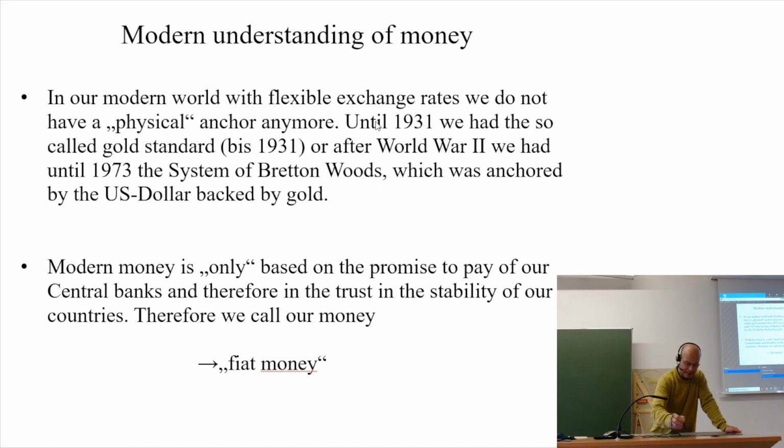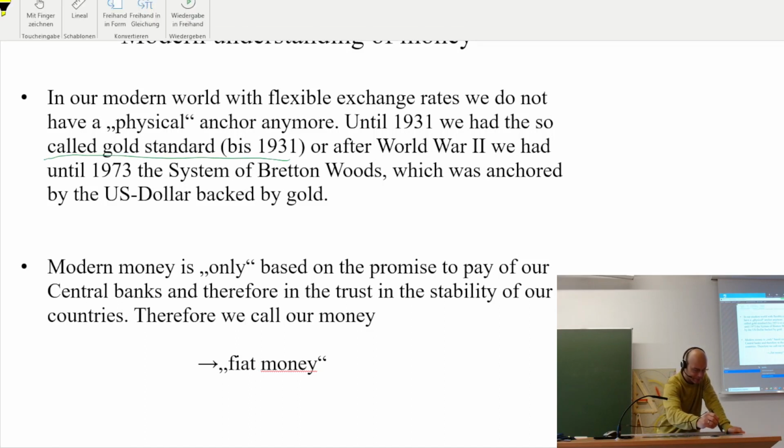So until 1931 we had the system of the so-called gold standard. This was an international promise between the most powerful countries, Germany, UK, United States, France, and so on.